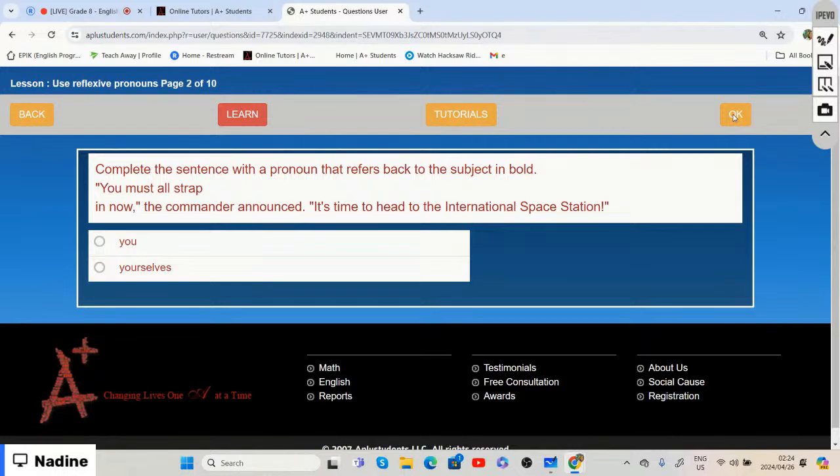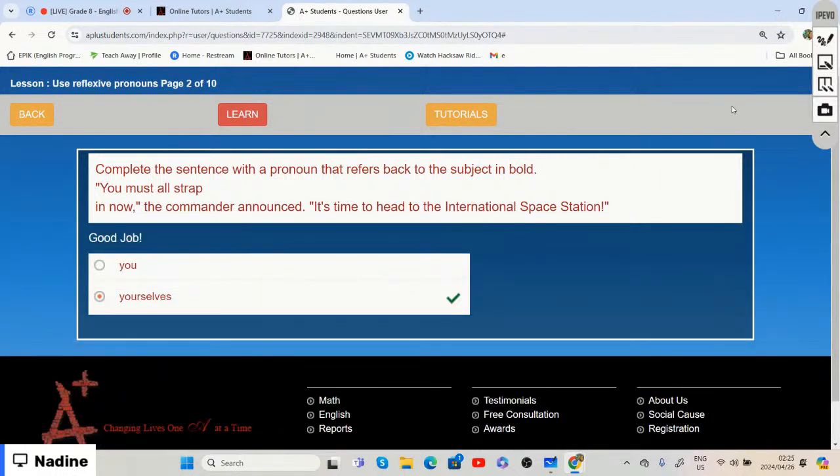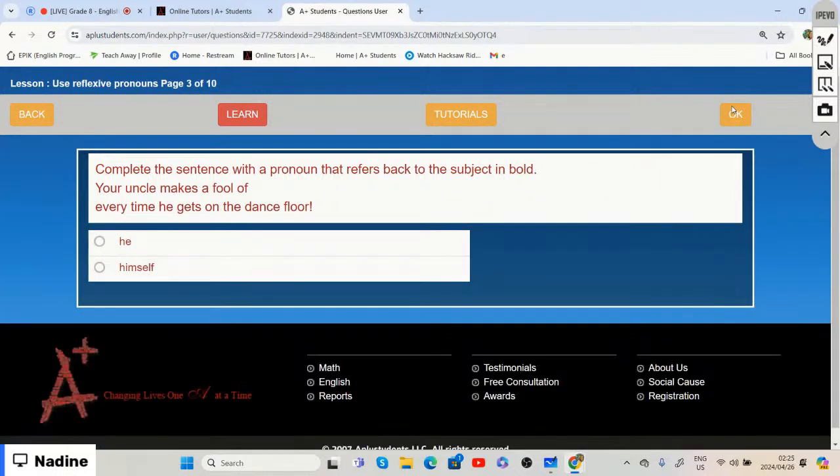And if we choose the correct reflexive pronoun, we will say, you must all strap yourselves in now. The commander announced it is time to head to the International Space Station. So yourselves is correct. Your uncle makes a fool of, do we say he makes a fool of he, or he makes a fool of himself every time he gets on the dance floor?